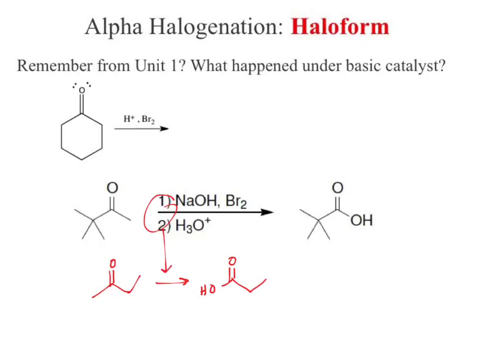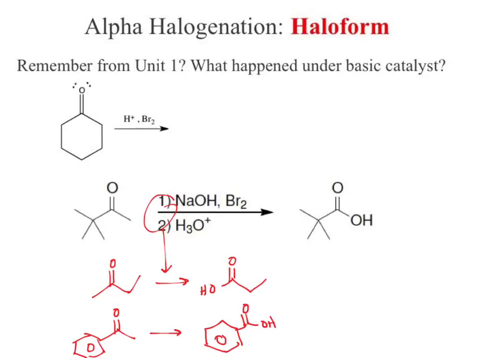How about if we did, it's a little bit crowded there, a benzene ring. What would we get then? End up with our benzoic acid. What do these things have in common? They all have a methyl group that is alpha to the carbonyl.